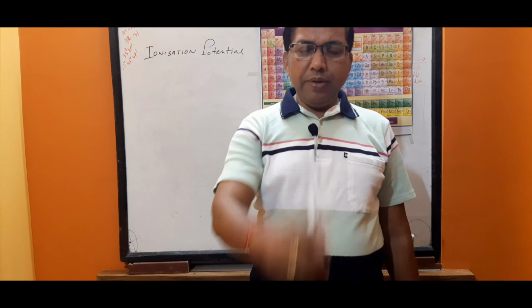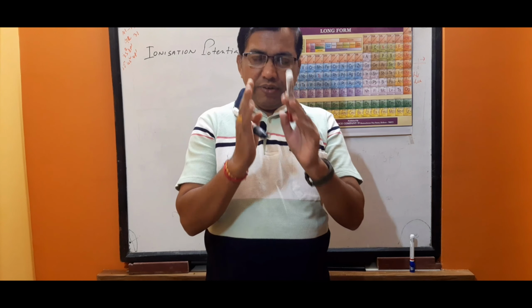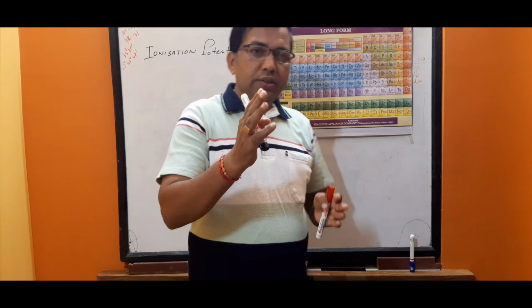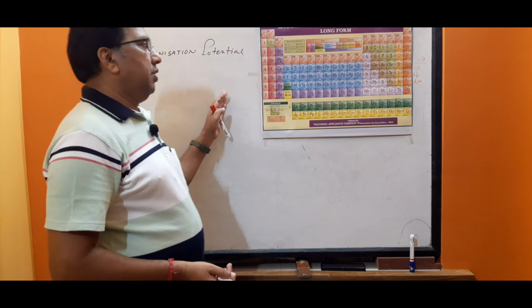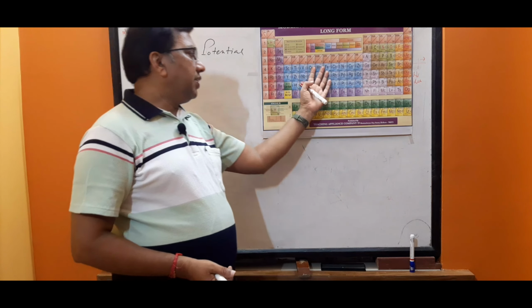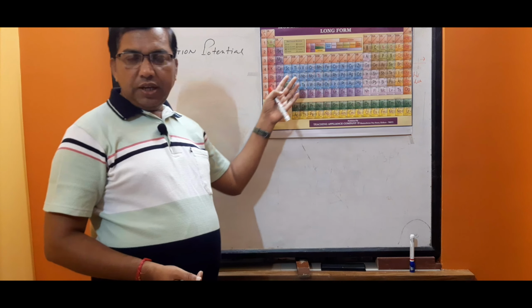For representative elements, you have to know the valency. There is no fixed valency. The number of valence electrons, or 8 minus the number of valence electrons, is the valency of the atom. Clear? I have told you about representative elements, transition elements, inner transition elements, the s block, d block and f block.